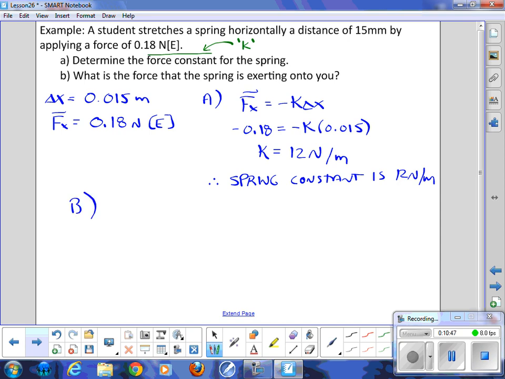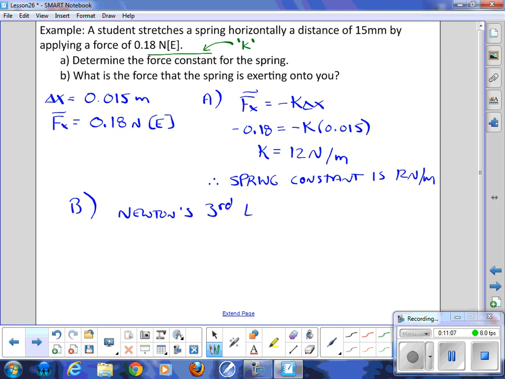Now, question B, what is the force that the spring exerts on you? So if the student is pulling that spring outward, how much force are you feeling? This is just related back to some of the stuff we talked about in earlier units and in the 3U course. This is Newton's third law.